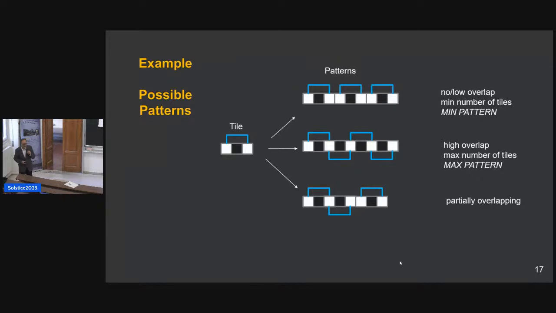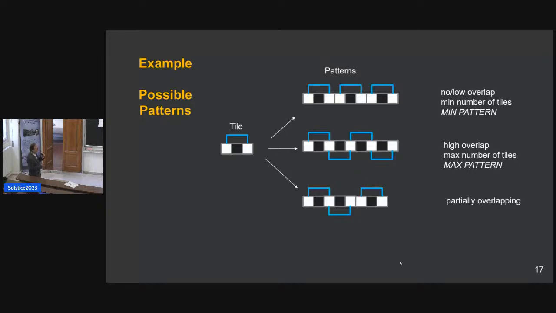We have here a simple example. The tile which we use is 0, 1, 0. And how can we arrange them? We can arrange them just one after the other with no overlap. And we call such a pattern a minimal pattern, or for short min pattern. We use a minimal number of tiles.